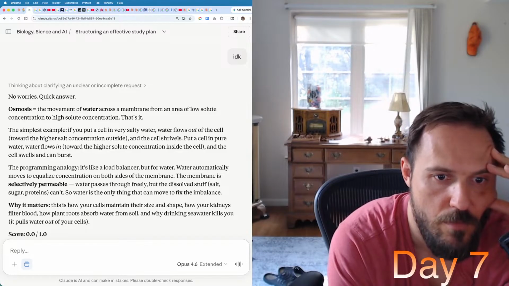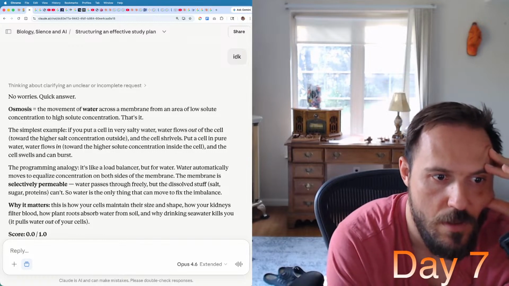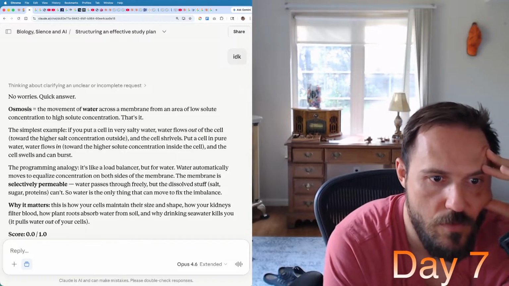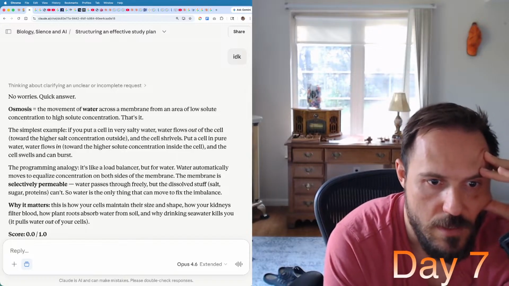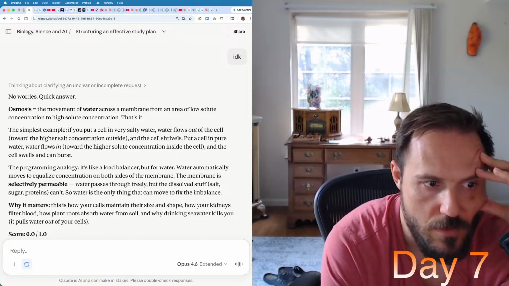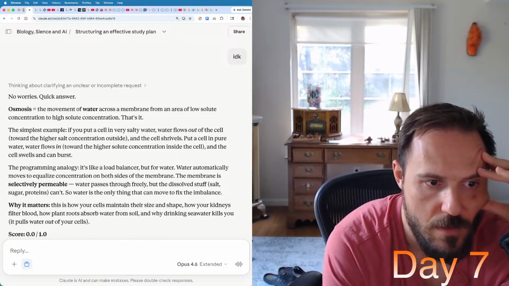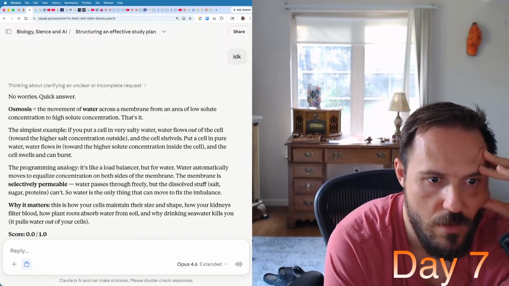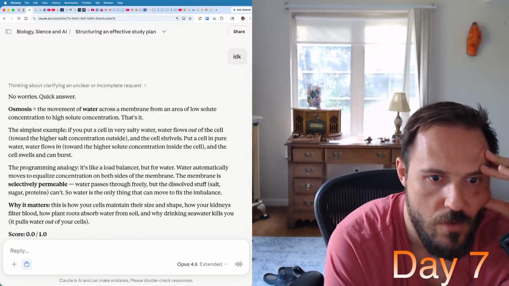The membrane is selectively permeable. Water passes through freely, but the dissolved stuff, salt, sugar, proteins, can't. So water is the only thing that can move to fix the imbalance.